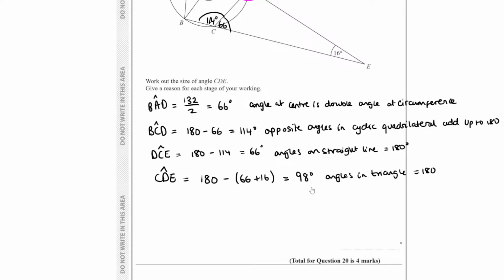sorry, noise again. I'm pretty sure that they've said that you only need to write down, because it's 1 mark for the reasons, that as long as you mention 1 circle theorem, I think that's enough for the mark. So I don't know if you need to write all of this.